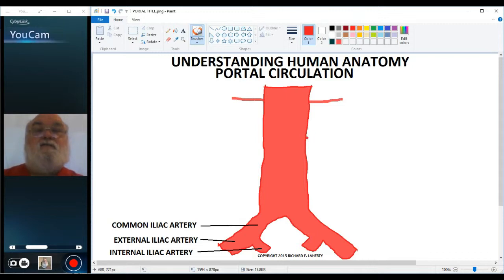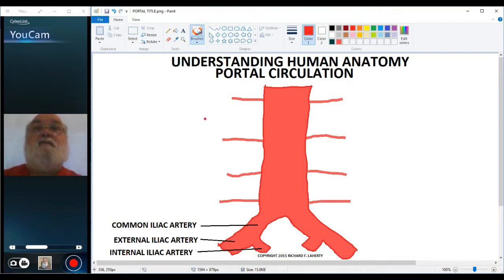These would be analogous to the intercostal arteries that we talk about in the thorax. So I'll draw a few of these in here.